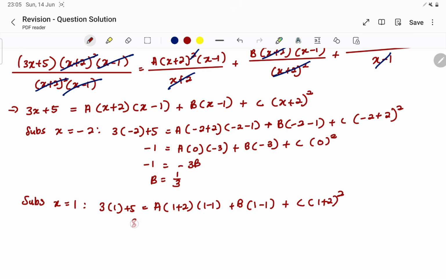Here you're going to get 8 equal to a multiply by 3 multiply by 0, plus b multiply by 0, plus c multiply with 3 square. So you get 8 equal to 9c, so your c is equal to 8 over 9. So that is your c right now.